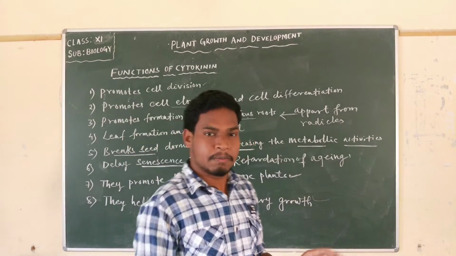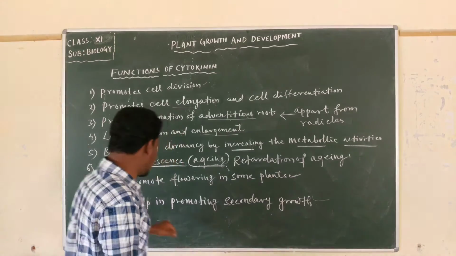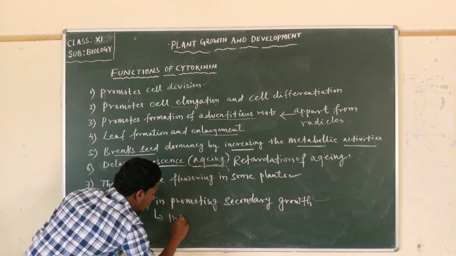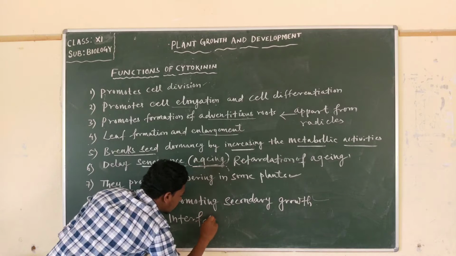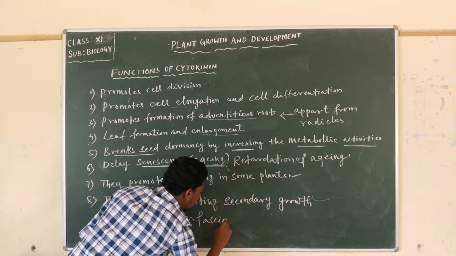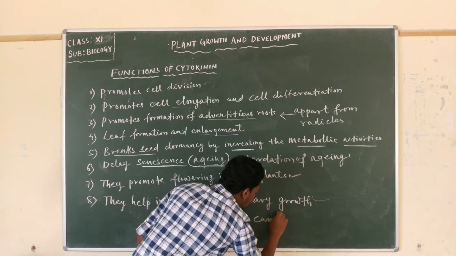They will first form interfascicular cambium. Cytokinin helps to form interfascicular cambium.